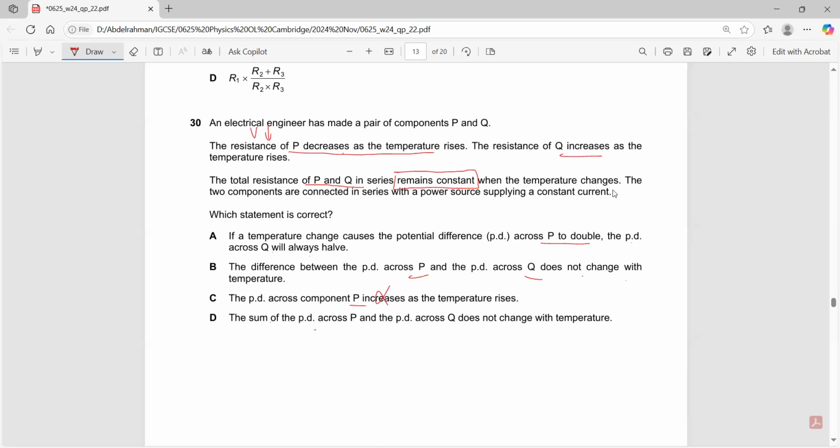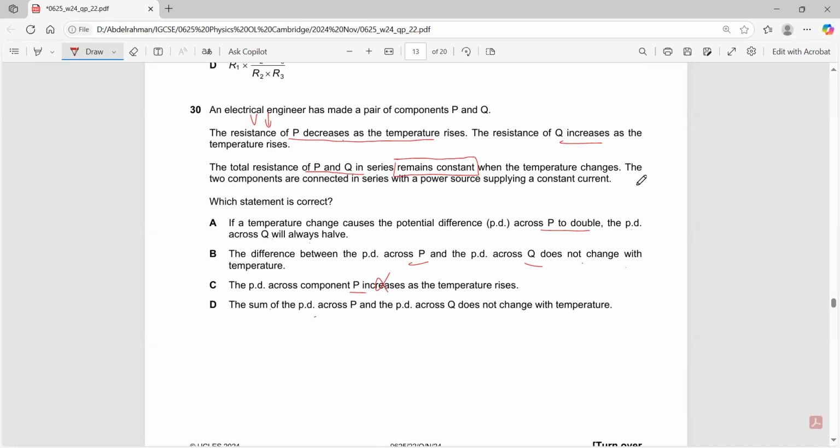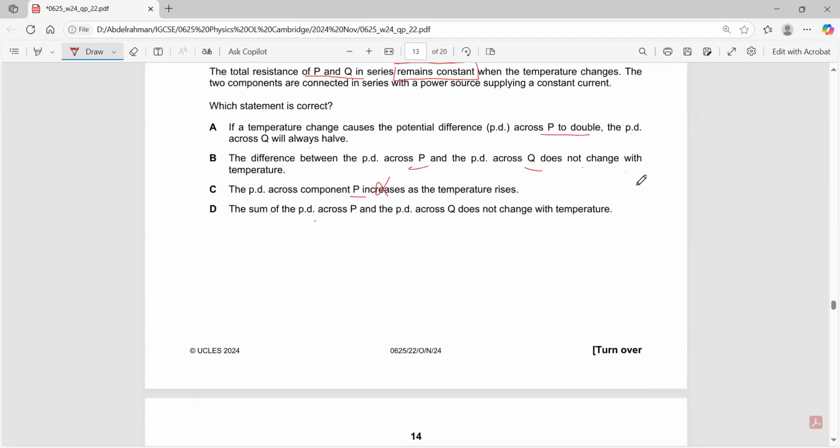The sum of the potential differences across P and Q does not change with temperature. Yes, it does not change with temperature. How is that so? If you have the power source and then you have the thermistor and another resistor, and the power source is 12 volts, then this would be, let's say, 2 volts, and this is 10 volts.